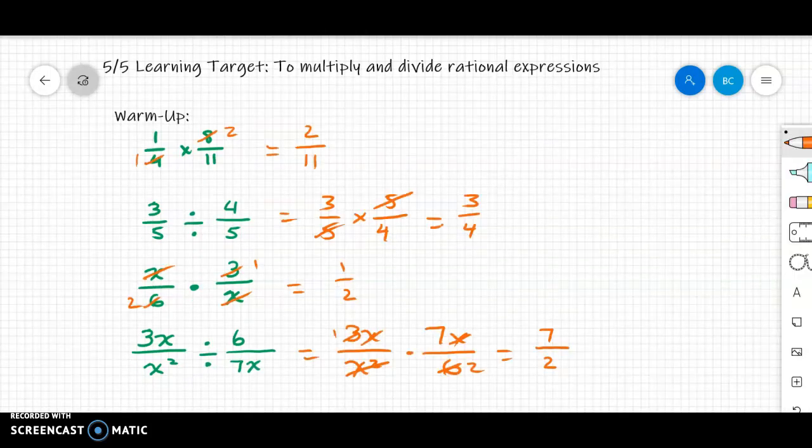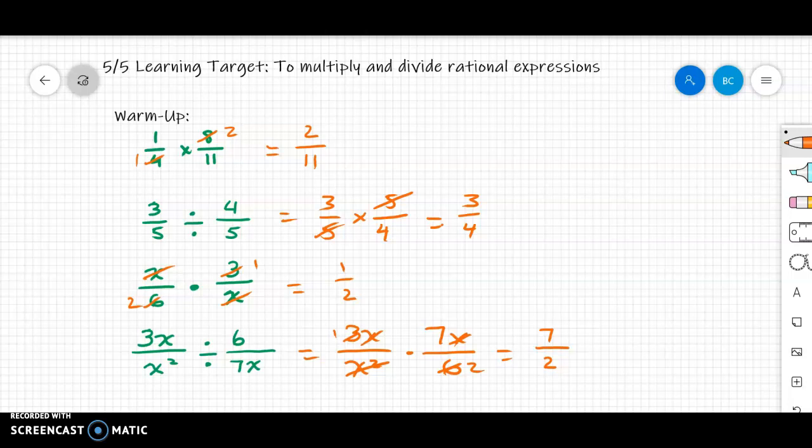So hopefully in doing these warm-up problems you remembered that cross-reducing before you multiply the numerators and multiply the denominators helps make sure that your final answer is fully simplified. And it's not a big deal if you don't cross-reduce first because then you can reduce at the end.